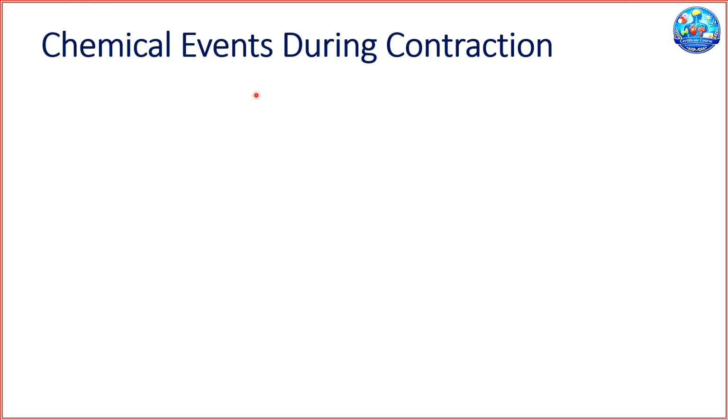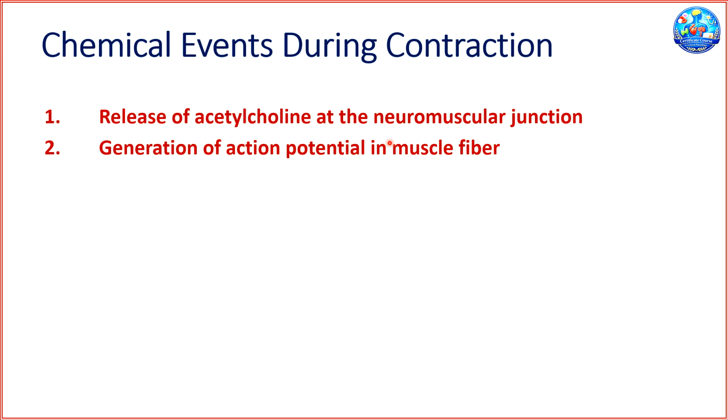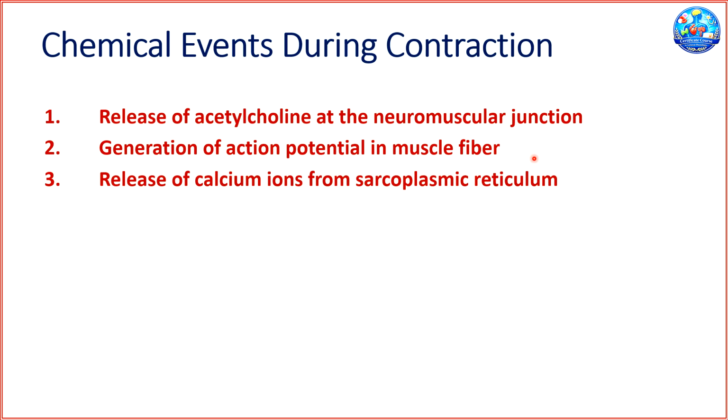Let us summarize the chemical events during muscle contraction. Acetylcholine is a neurotransmitter that reaches the neuromuscular junction or the motor end plate. This generates an action potential in the muscle fibers. Then as it reaches through the T tubules to the sarcoplasmic reticulum, calcium ions are released.